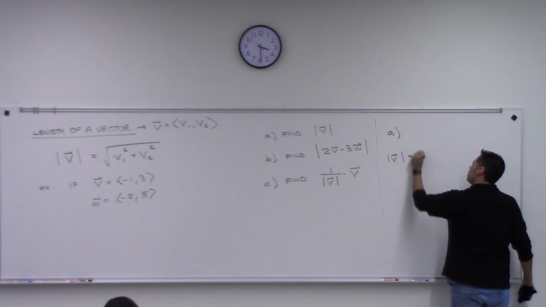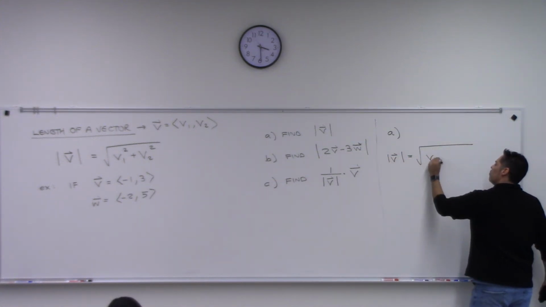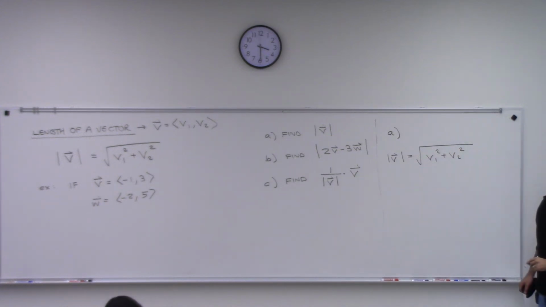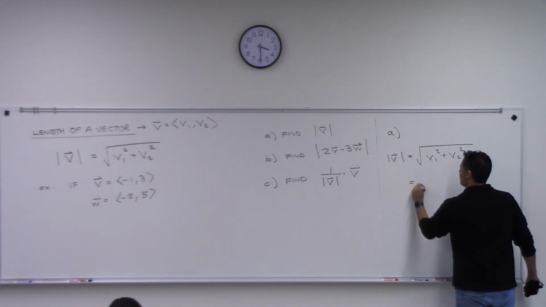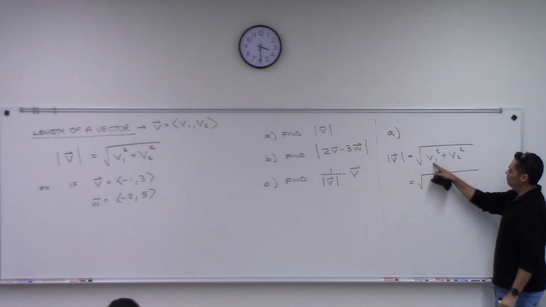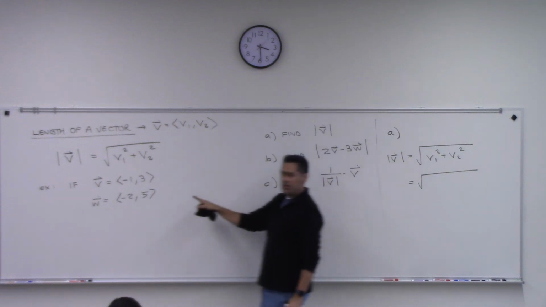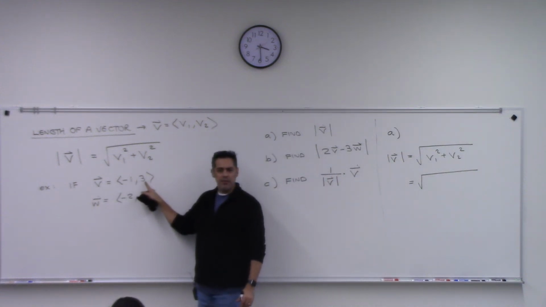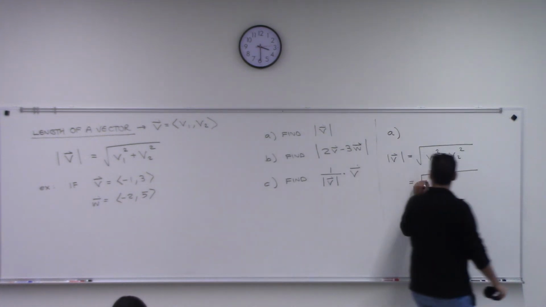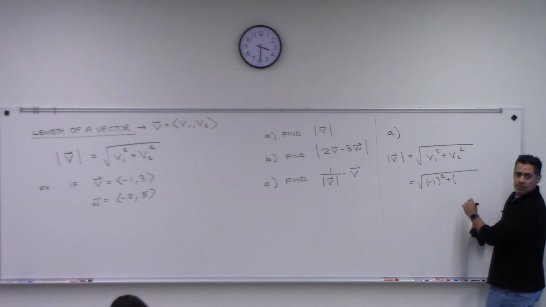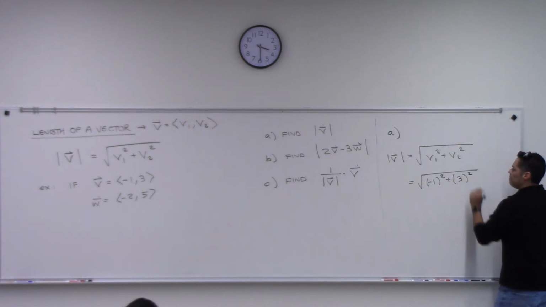what I need to do is the square root of V1 squared plus V2 squared, right? That's the formula. Do we know the two components of this vector? We do, don't we? That's V1 and that's V2. So I'm just going to square each one: (-1) squared plus 3 squared.